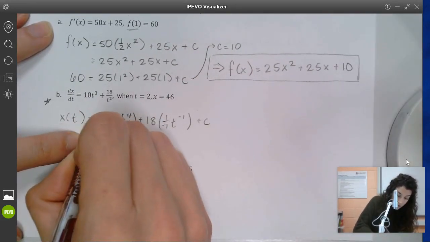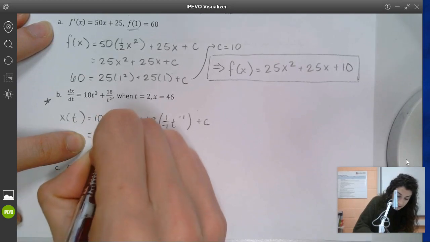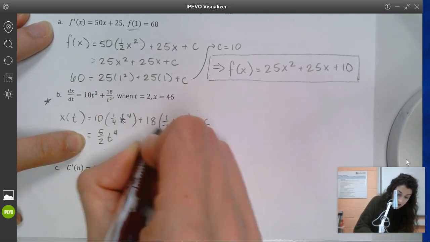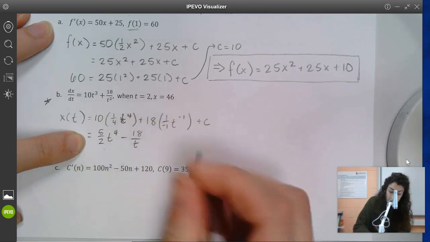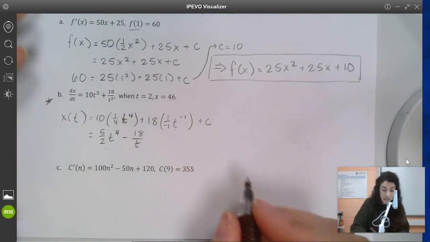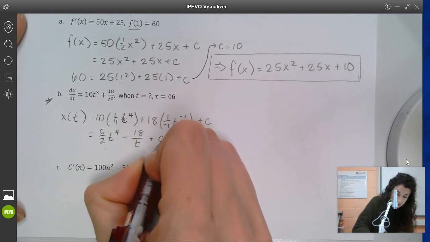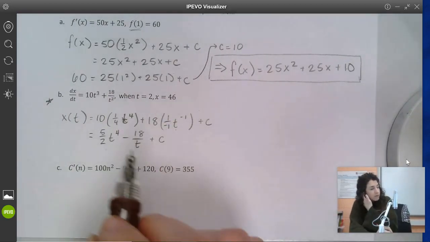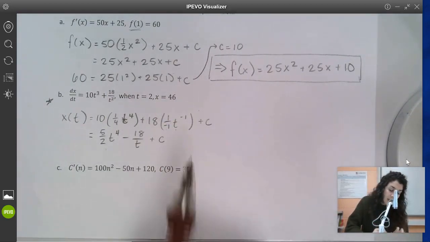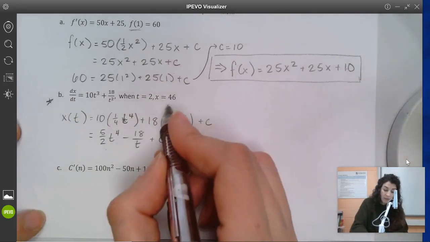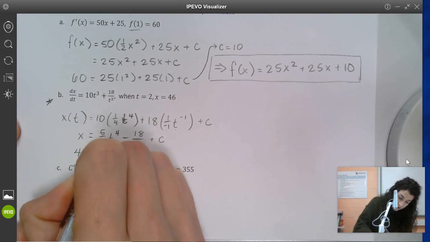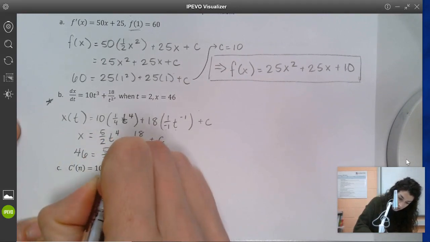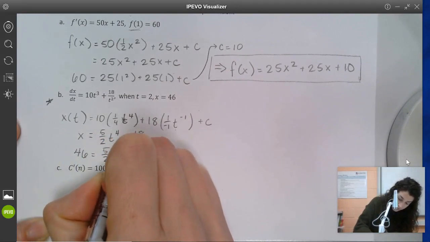10 times 1/4 can simplify down to 5/2 t to the 4th. Dividing by negative 1 makes this minus 18 over t, because that t to the negative 1 would go into the denominator, plus c. If you left that as t to the negative 1, totally fine. Now I need to solve for c, so I'm going to plug in 46 for x and plug in 2 for t.